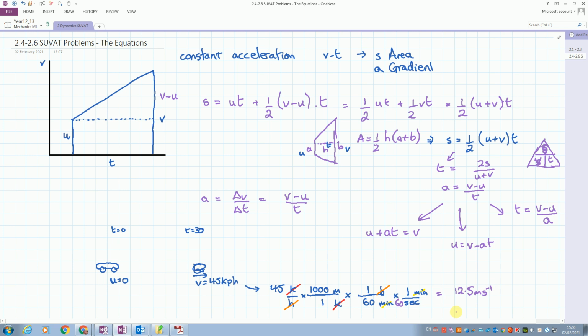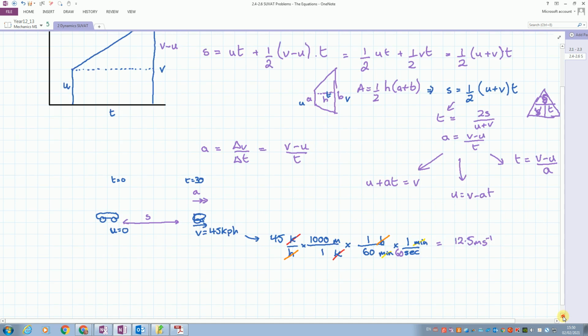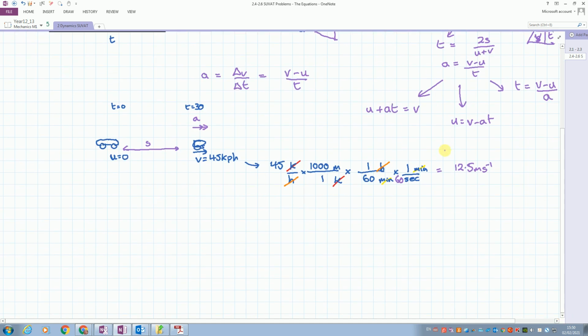The questions they'd like to know are: what's the acceleration? Acceleration is normally shown on a diagram with 2 arrows on the head. And they'd also like to know how far we travelled in this time. So I'm going to treat it using our 2 formulae.